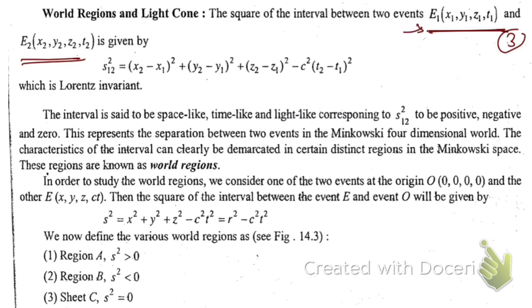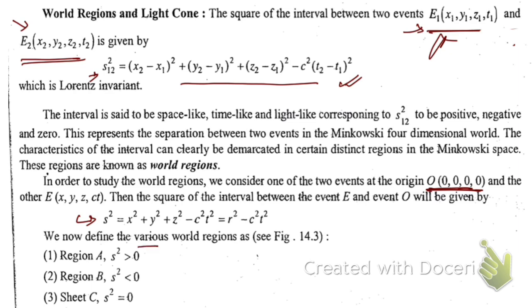These are the two events in the same inertial frame, and the interval between the two events is given by this equation, right? If we consider that one event is at the origin, then this equation will be given by this. Okay, now we define various world regions as shown in the figure.